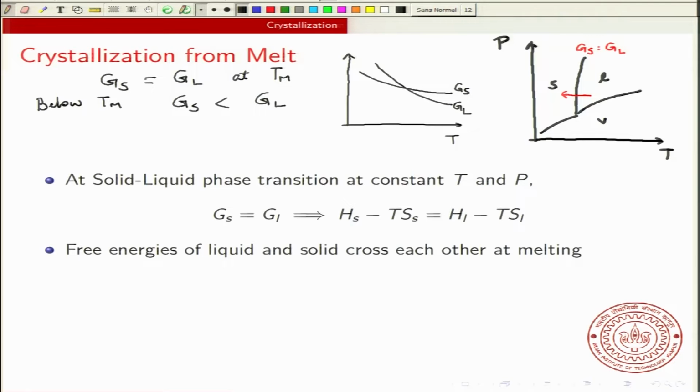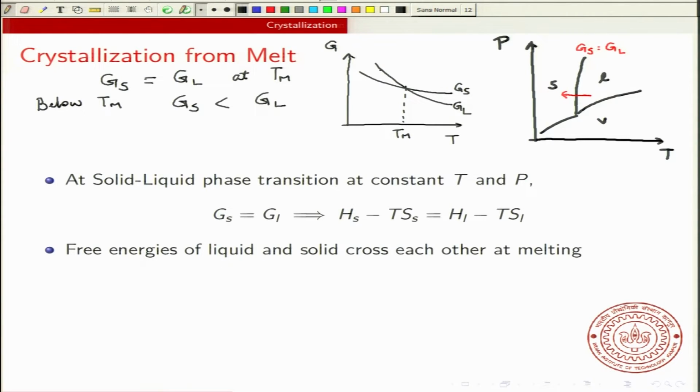I am just imagining that if you had any material, then typical curves for the Gibbs free energy as a function of temperature would look like this. So, the liquid would typically be higher than the solid at low temperature and it would go below the solid at higher temperatures. Where they cross, this is the melting temperature. So, that is when the Gibbs free energy of the solid and the liquid are the same. And it should be kept in mind that I am doing this whole thing at some fixed pressure.